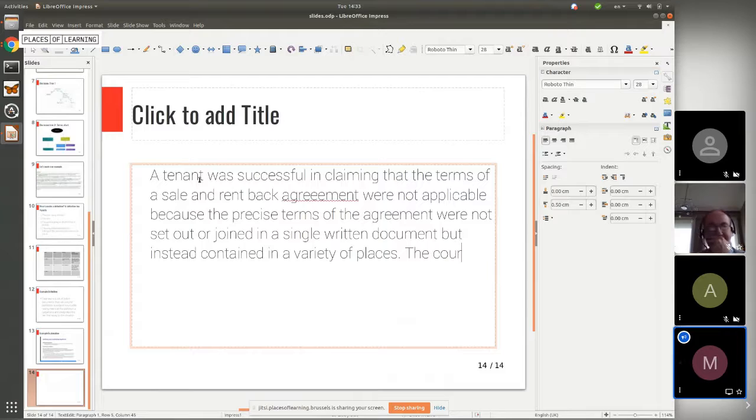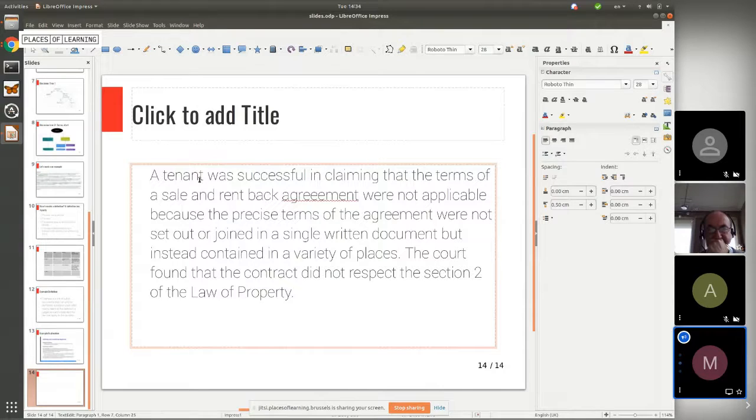The court found the contract did not comply, and we replace "comply with" with "respect", so "did not respect section 2 of the law of property."